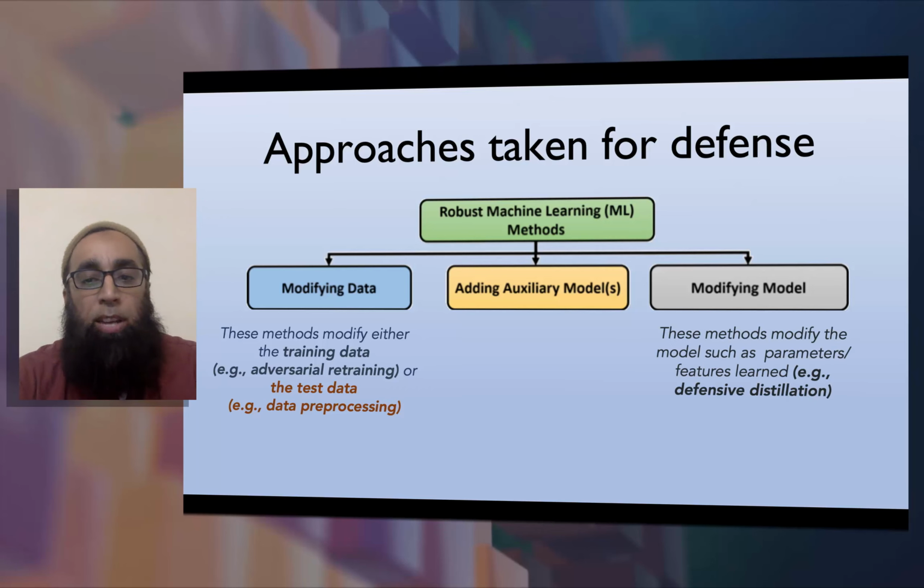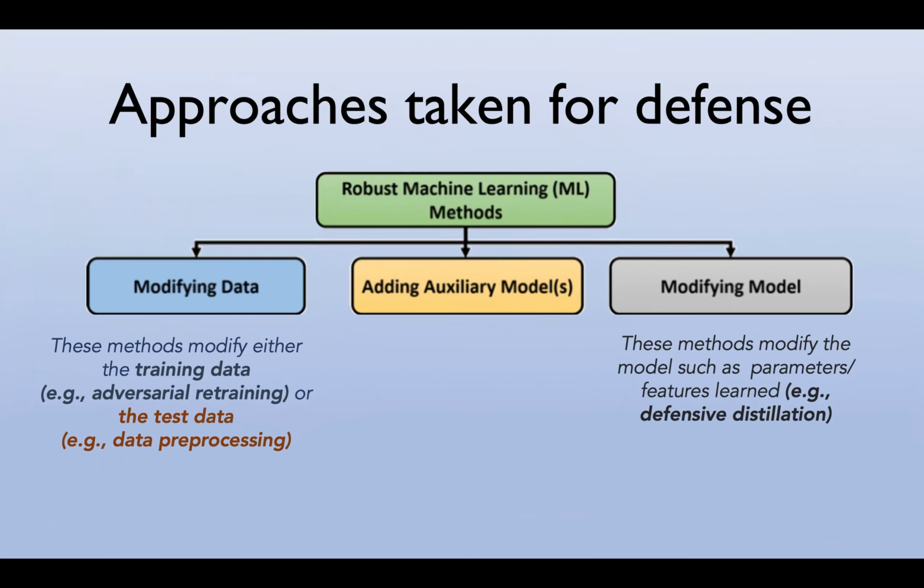So this is also another instantiation of a method that is based on modifying data. Another thing that we can try is to modify the model. So for example, we may modify the parameters or the feature learning, or we may make some aspect of the model difficult to decipher. For example, defensive distillation is an approach that has been proposed, which was later shown to be not very effective, because what it was doing was making the gradient of the system a little bit obfuscated so that the attackers cannot use it to launch attacks.